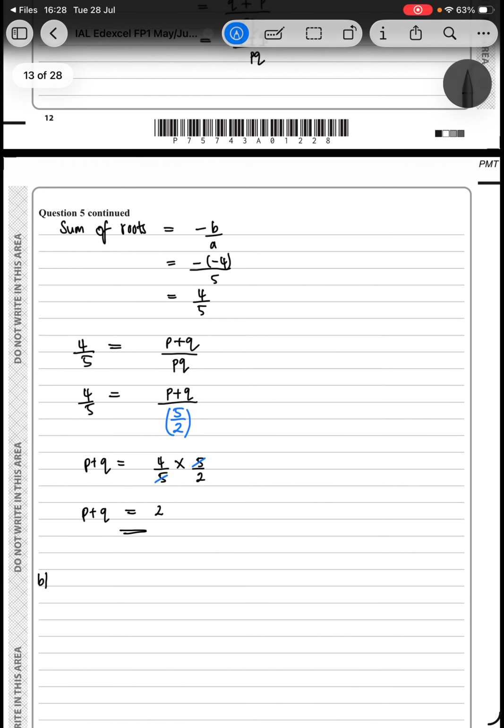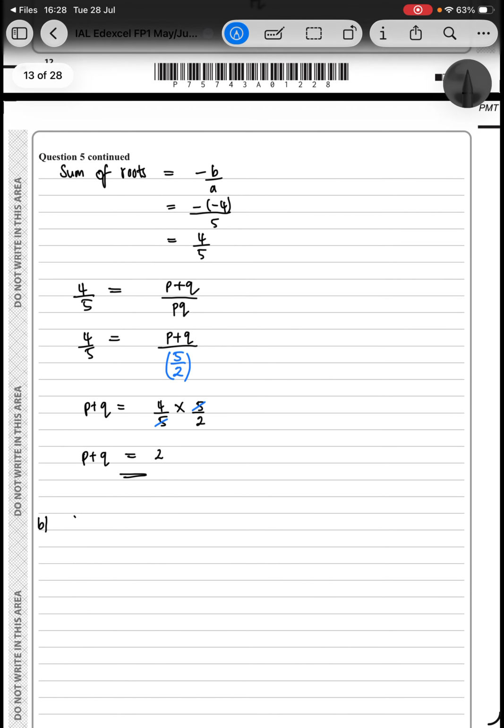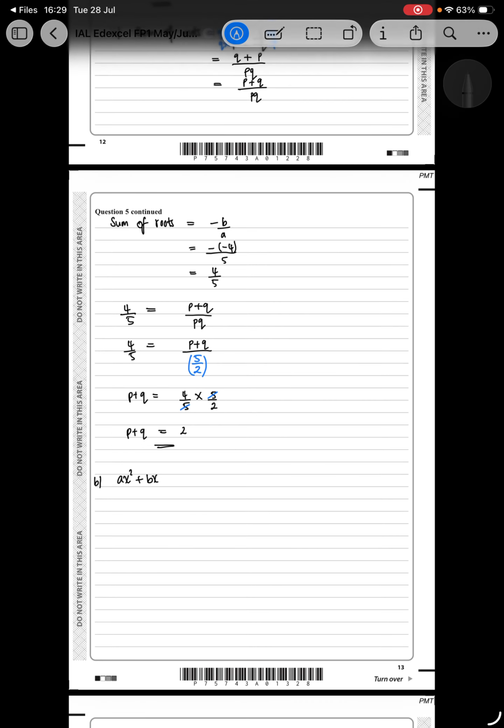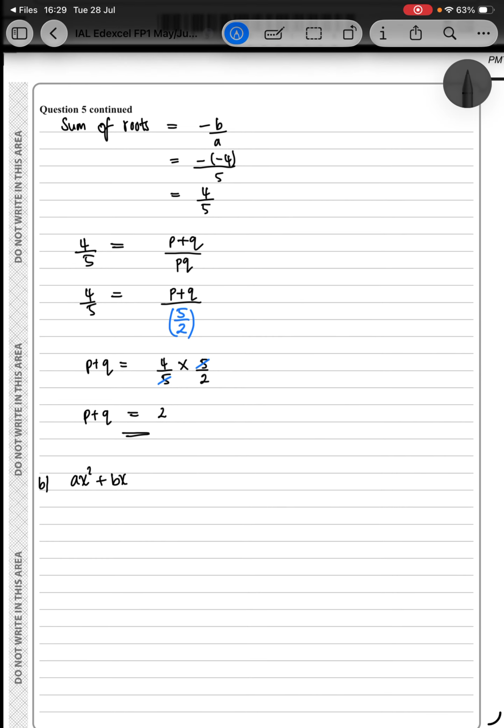In order to find the quadratic equation, we need to know the product of the roots and also the summation of the roots. So if I write this down, ax squared plus bx plus c is equal to 0.